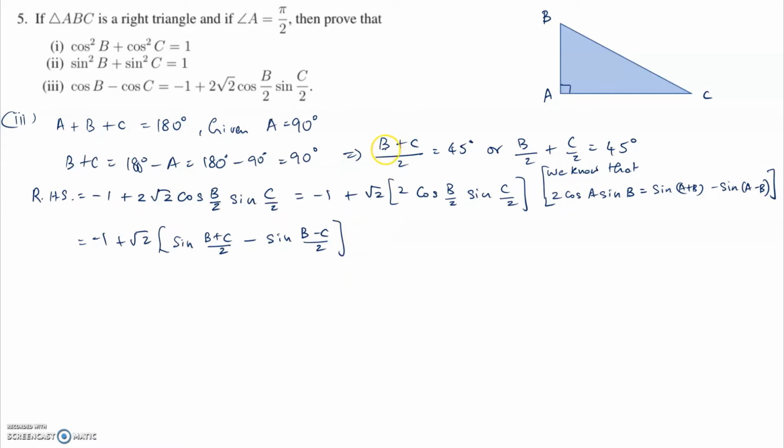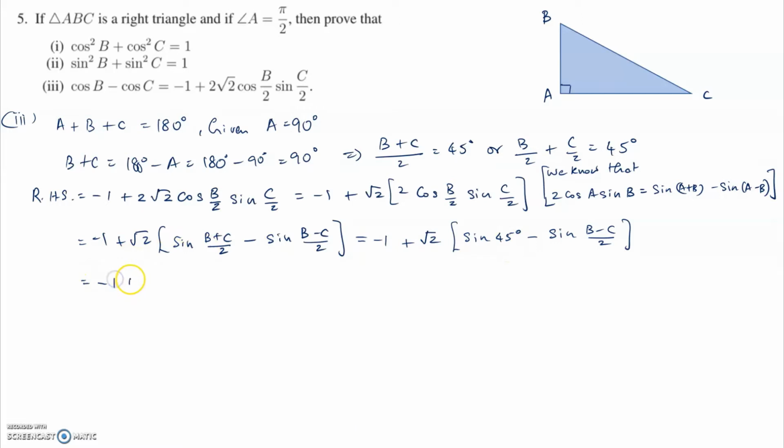Now we can see from here that our B plus C by 2 is equal to 45 degrees. Therefore, that's equal to minus 1 plus the root 2, which we retain within bracket. Now it's sine 45 degrees. Instead of B plus C by 2, we put 45 degrees, minus sine B minus C by 2. Now the value of sine 45 degrees is 1 by root 2.